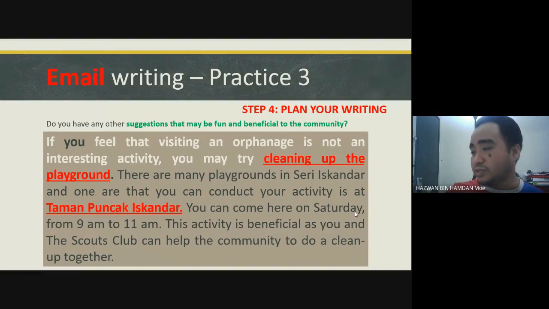You can come here on Saturday from 9 AM to 11 AM. This activity is beneficial as you and the Scouts Club can help the community to do a clean up together. So kita jadikan point dalam each question tadi, jadikan bentuk ayat.